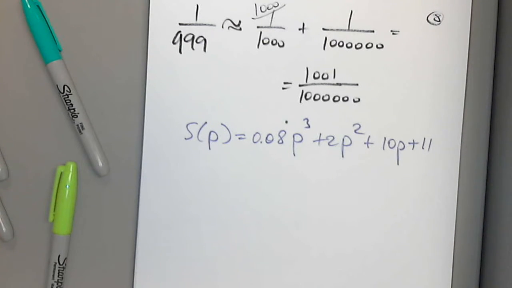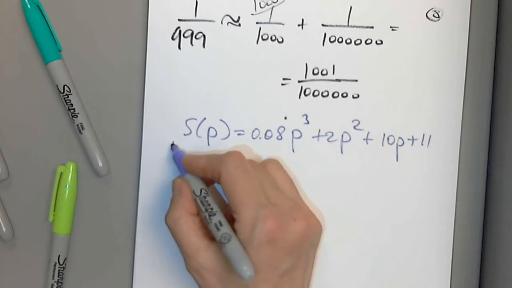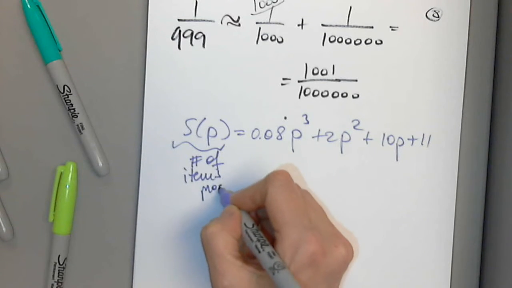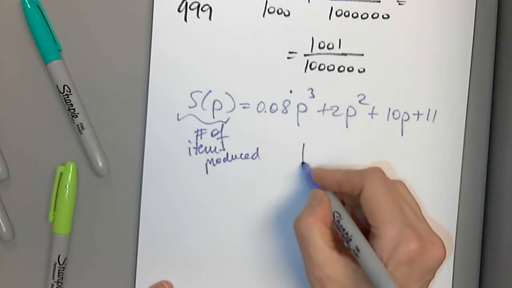Oh, yes, of course. I'm sorry. S of P is the number of items produced. P, price in dollars.